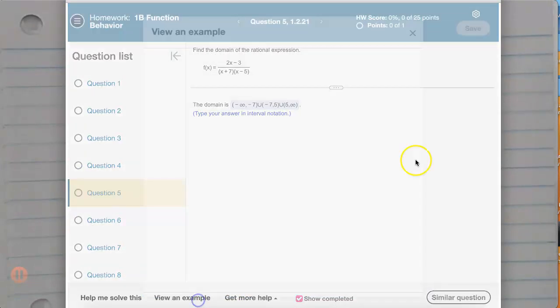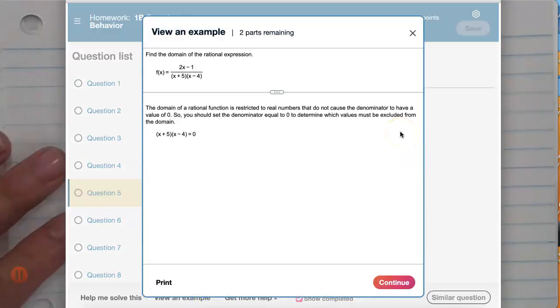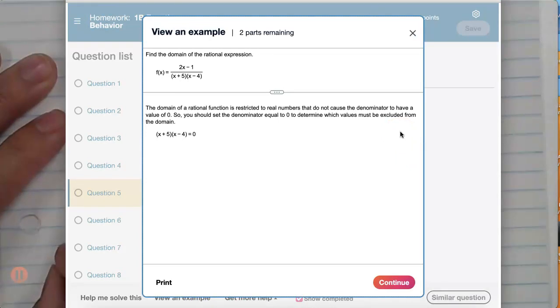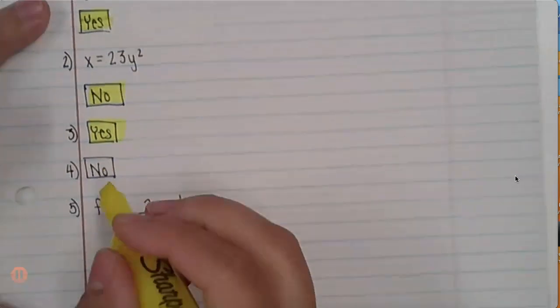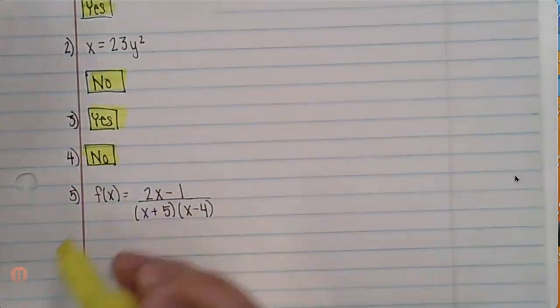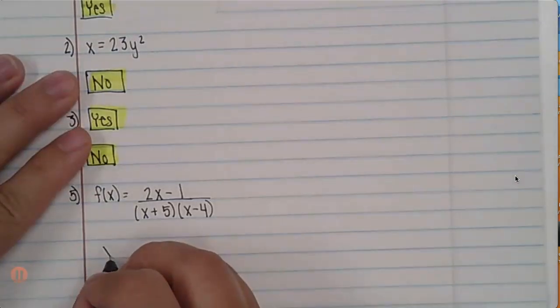Okay, find the domain of the rational expression. I'll write this down and then go back to the dot camera. We have f of x equals 2x minus 1 over (x plus 5)(x minus 4). So, for this domain, we need to figure out where the denominator equals 0, because the denominator cannot equal 0.